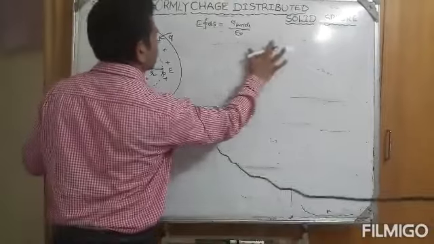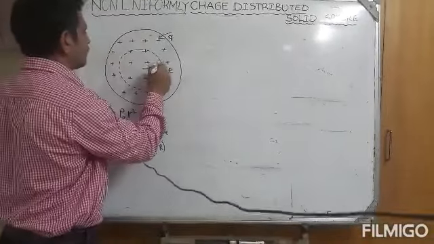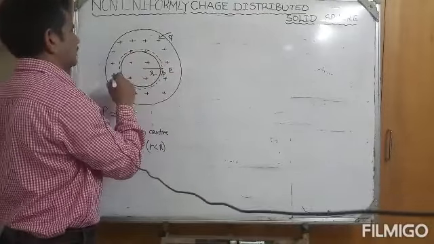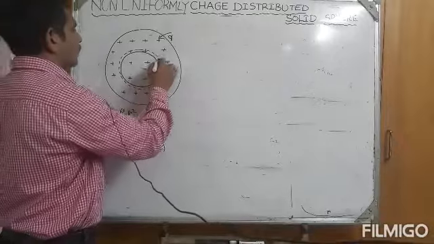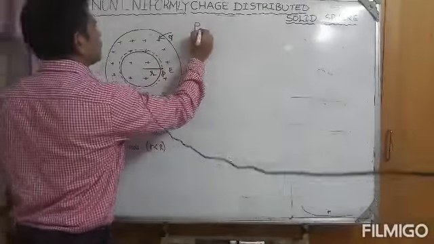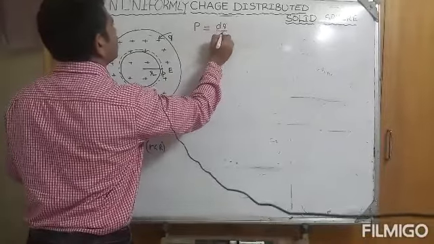Now I would like to write the charge inside the Gaussian surface. To do that, take one shell. Density rho is equal to dq by dv.